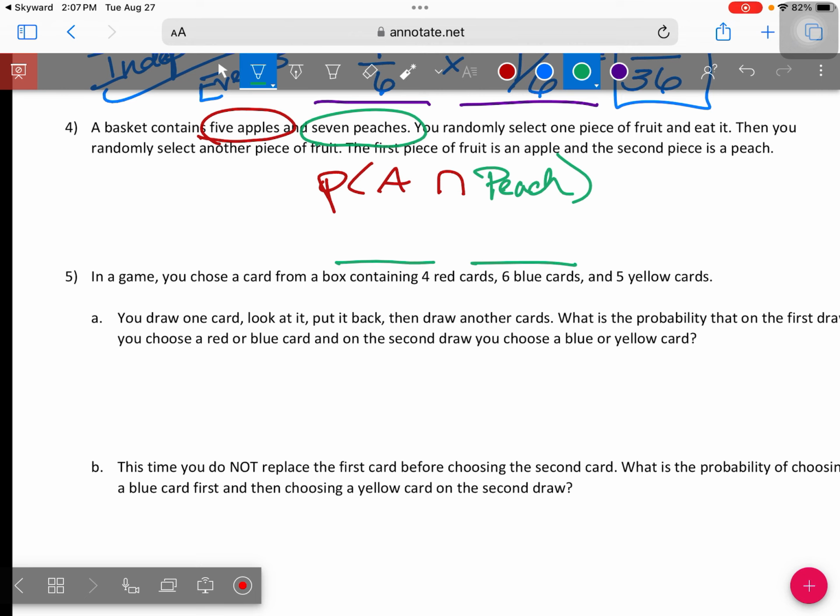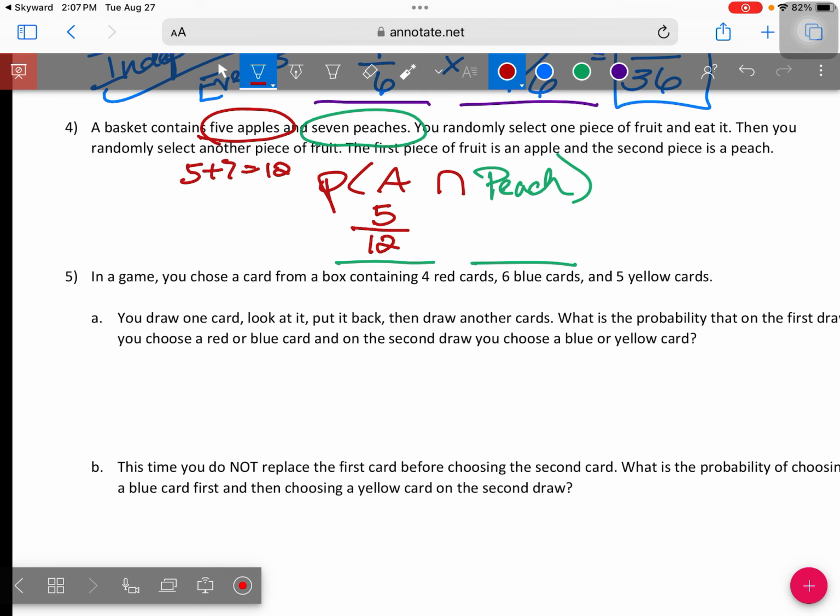How many peaches? And so how many do I have total? 12. 5 plus 7 is 12. If that's my total, where does my total go in my probability? The bottom. The denominator. How many apples do I have again? 5. Where do I put the 5? On the top. Yes. So 5 out of 12.